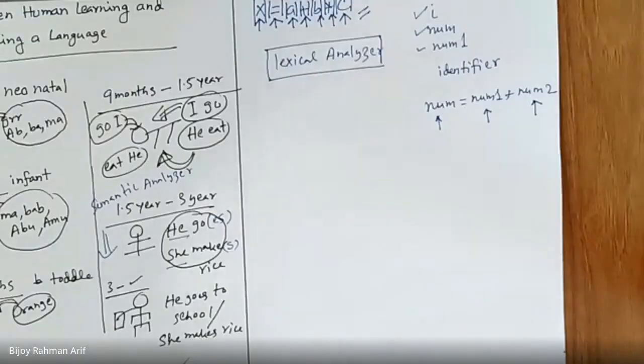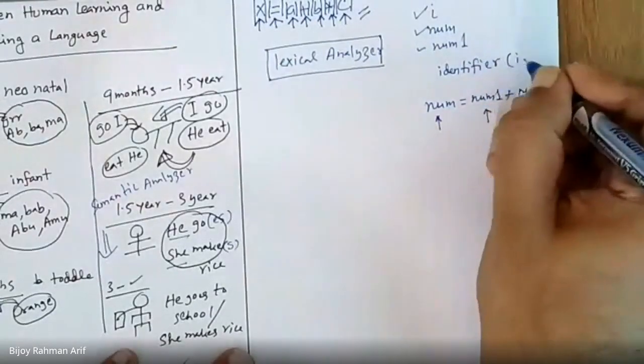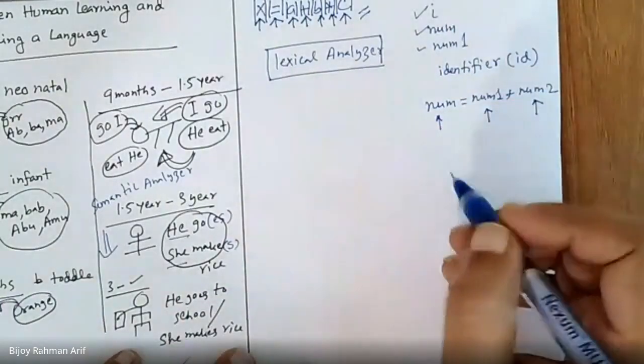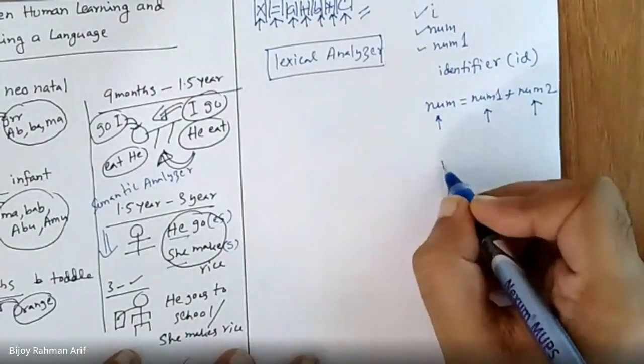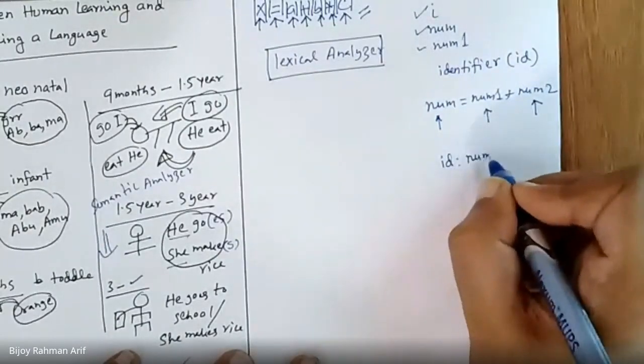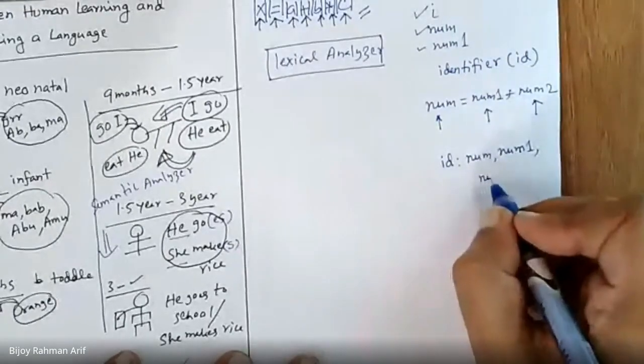And what is the name of this token? Identifier, or ID. Identifier or ID. Okay. So after the lexical analyzer step, it will say I have ID, num1 and num2.